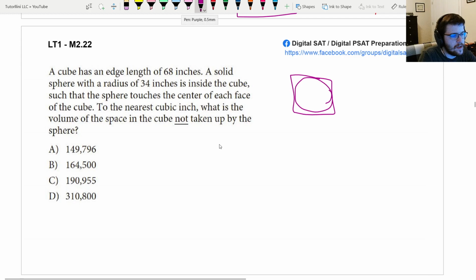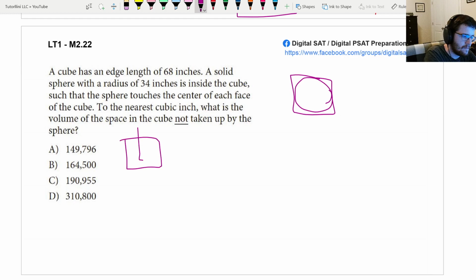So there's the equation for the volume of a cube, which is not on the reference sheet, so you're going to want to know it. It is volume equals s cubed.